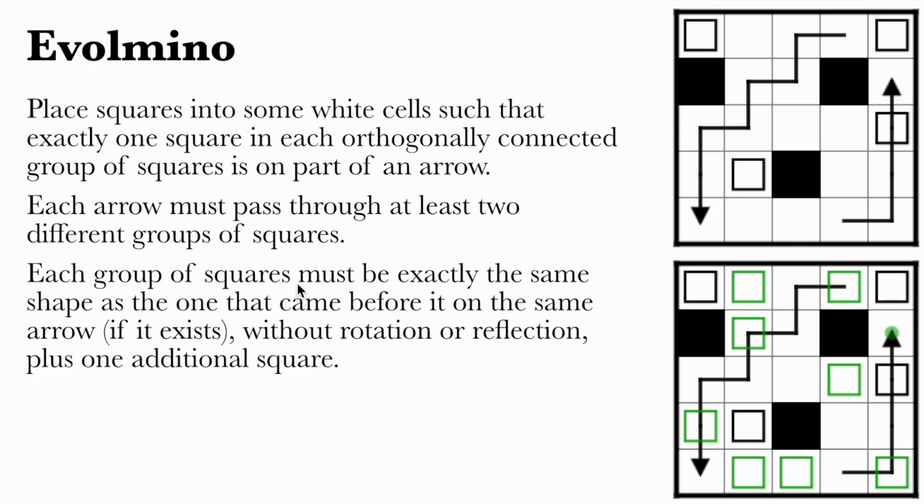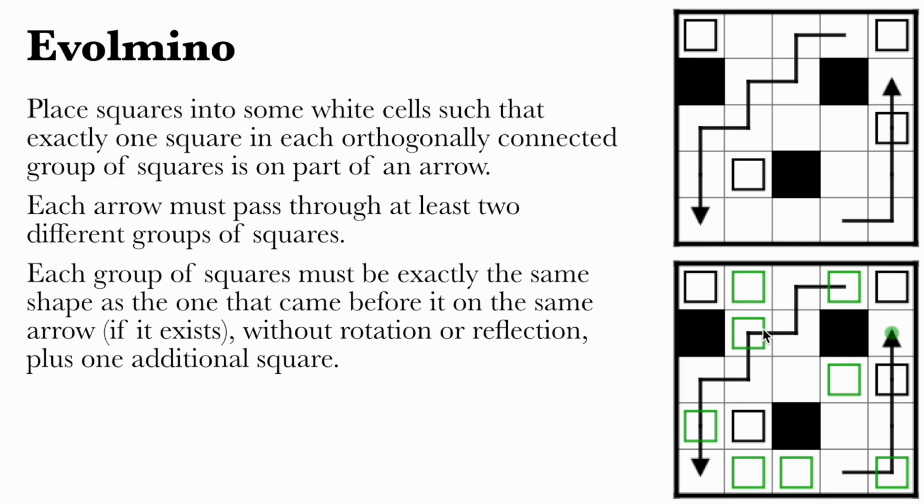Each group of squares must be exactly the same shape as the one that came before it on the same arrow, if it exists, without rotation or reflection, plus one additional square. So this is where the evolution part of Evolmino comes in. And we can see that most easily in the example. If we look at this long arrow, the first thing that it sees is this polyomino here, which is a horizontal domino.